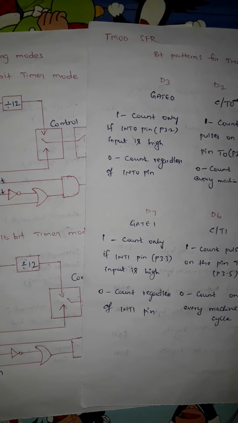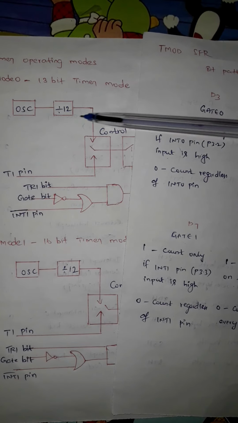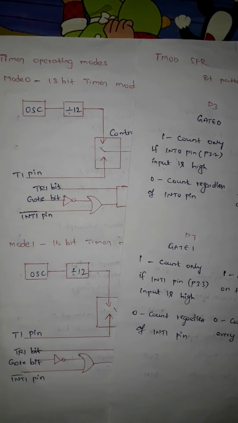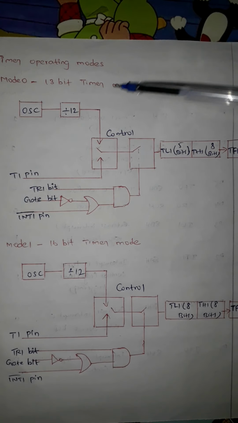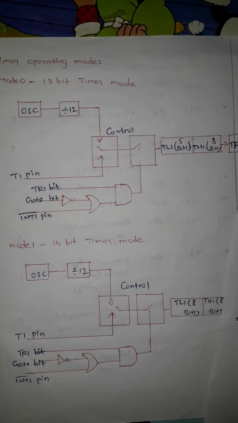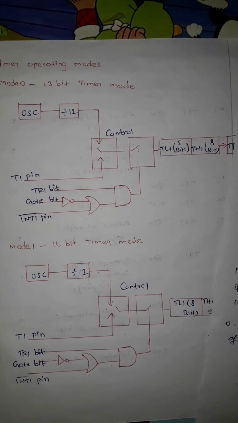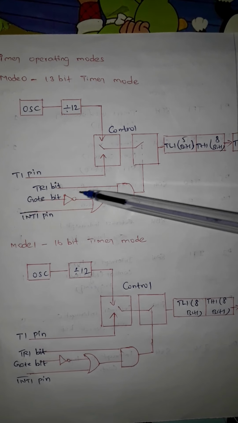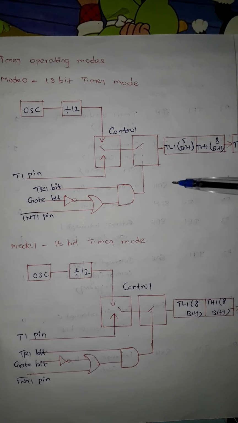In case this bit is set to 0, then the oscillator is selected. So you can select the internal clock for the delay, or you can select the external event for counting the values.